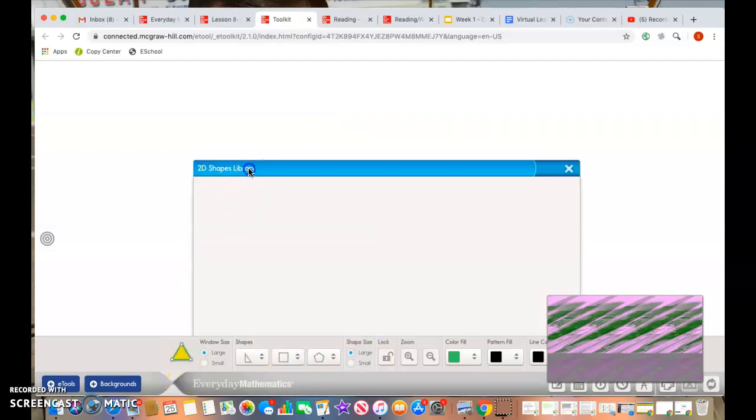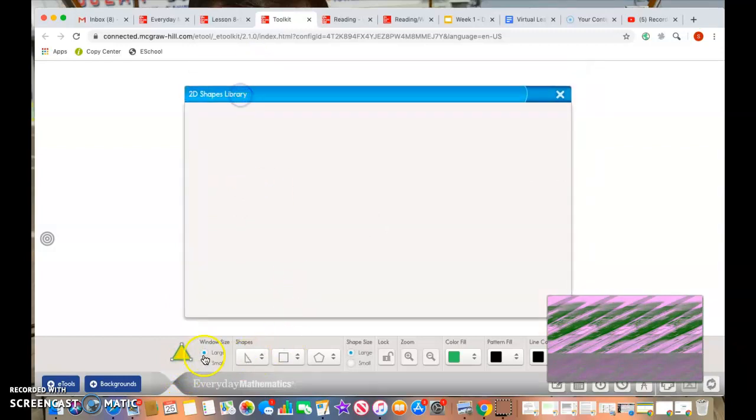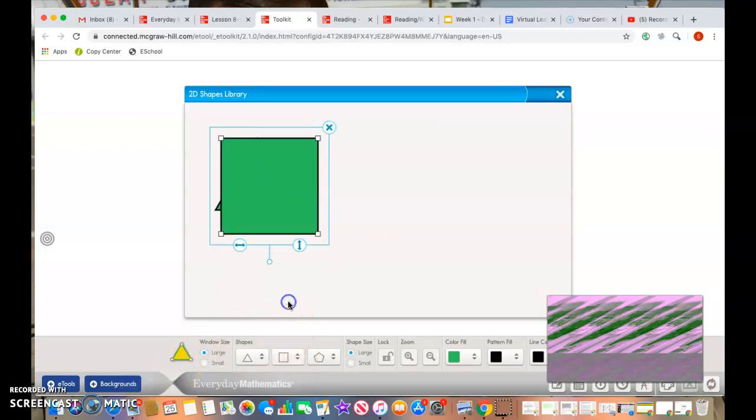Let's see here. How do I get it to work is a good question. There we go. I can play around with my different types of squares.